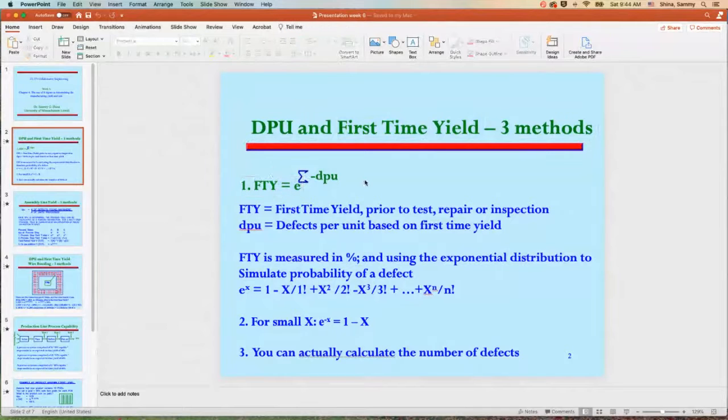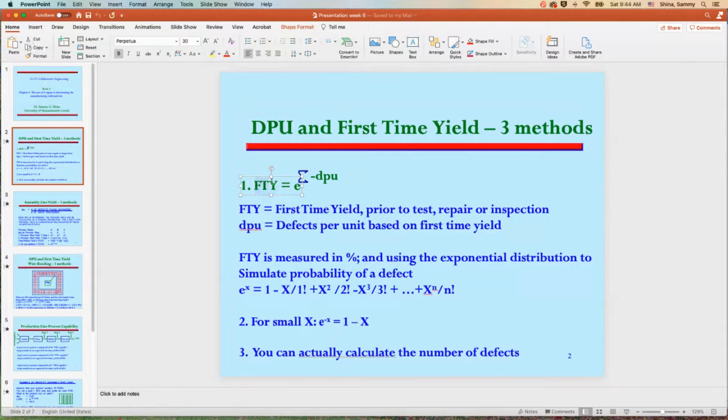That again is very similar to the Z distribution. The Z distribution is a standard normal distribution, but in terms of defects and first time yield, we can also approximate it using an exponential distribution.